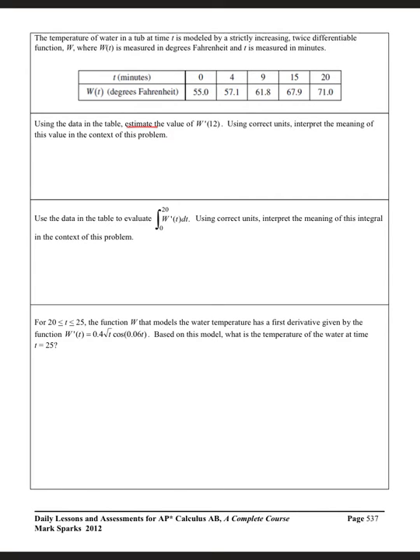If they ever say estimate and you have a derivative, you should be recognizing that it means use the slope formula. So w prime of 12. I don't have a 12 in my table here, so I'm going to look at this value and use my slope formula. w of 15 minus w of 9 over 15 minus 9.